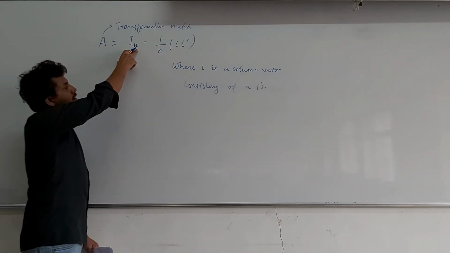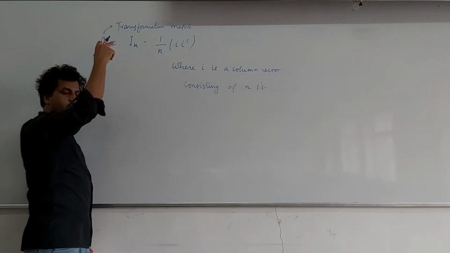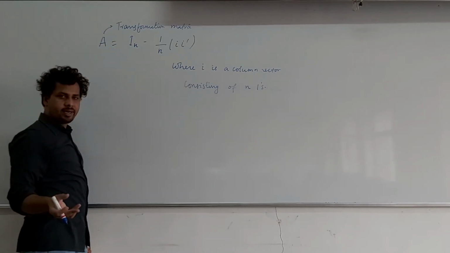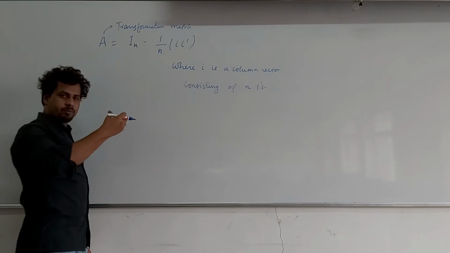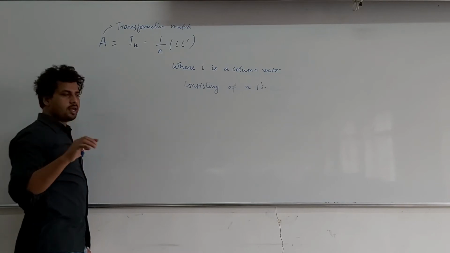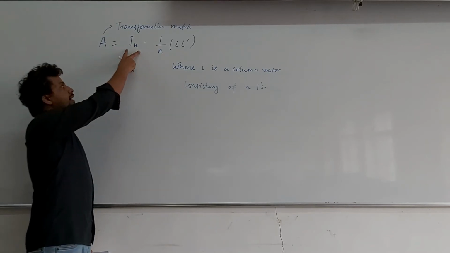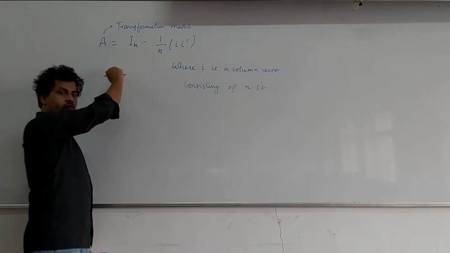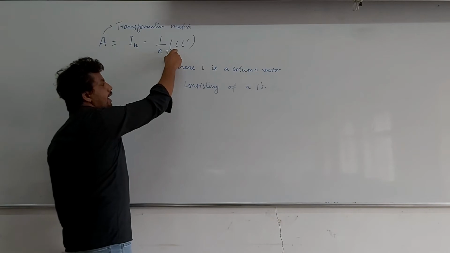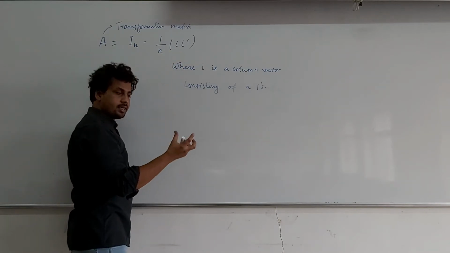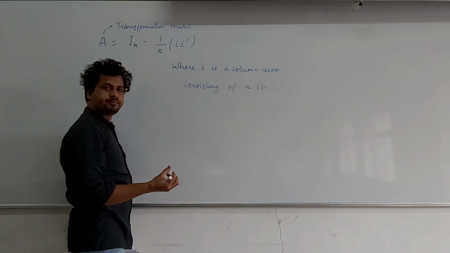IN is your n-dimensional identity matrix. I am sure you are aware of what is called an identity matrix, where all the elements on the principal diagonal are 1 and all the elements off the diagonal are 0. So this is an identity matrix for n observations. This I is a column vector consisting of n ones, right?